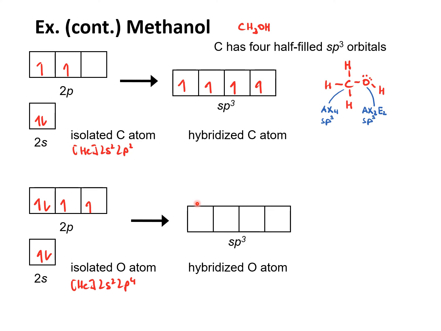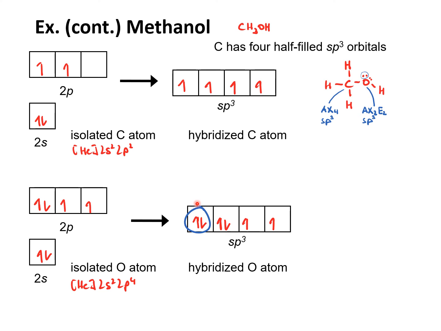And then the valence electrons will be placed in the hybridized orbitals as shown here, where the first electron goes in one sp3 hybridized orbital, the second electron in a different sp3 hybridized orbital, the third electron again a different sp3, the fourth electron goes in the fourth sp3 hybridized orbital, the fifth electron goes in the first sp3 hybridized orbital but is placed spin down, and the 6th electron is also placed spin down in the second sp3 hybridized orbital.